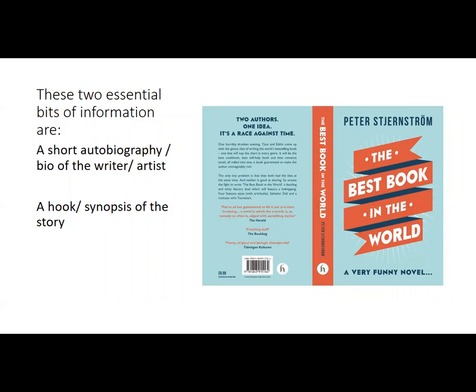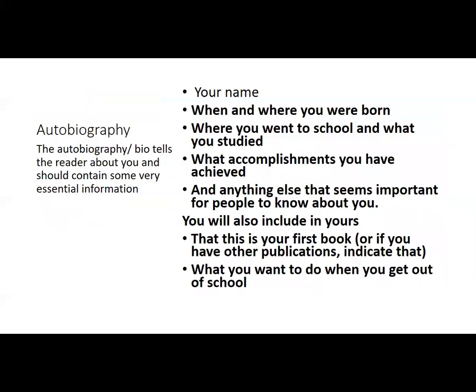The autobiography tells the reader who wrote this book and who illustrated the book, and the hook or the synopsis is what, if they read it and it's compelling enough, makes them want to buy that book. So we're going to go through both of these step by step.